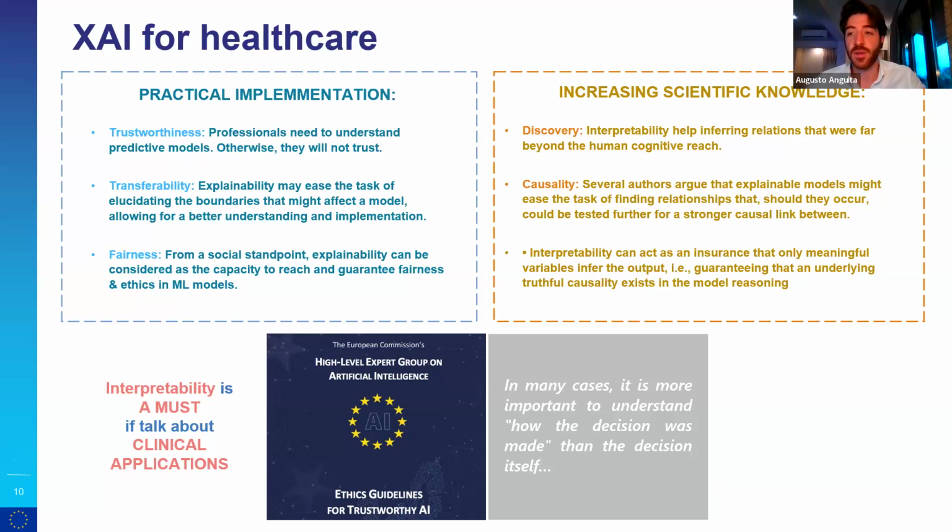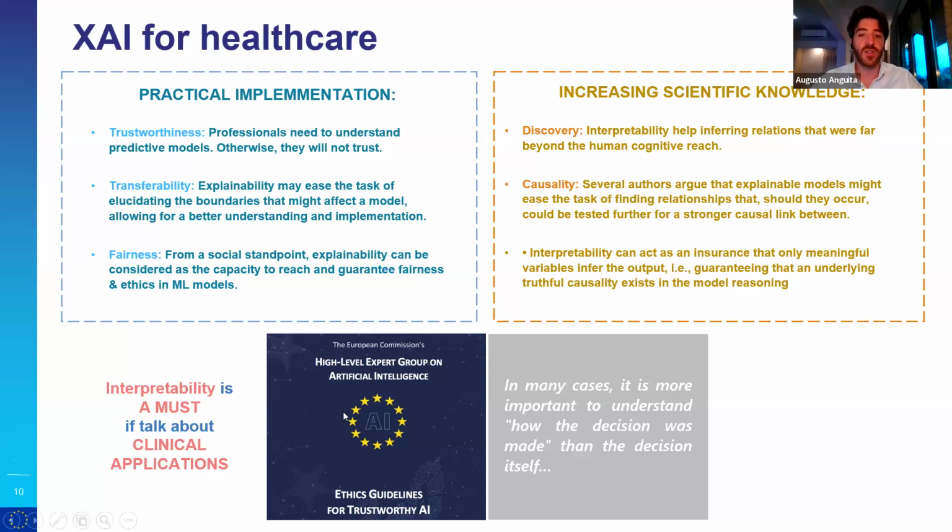And about fairness, of course, we talk about ethics, and we talk about making no distinctions among the population. For that, we need to know how the model works to guarantee that it is complying with these fairness and ethics criteria. And of course, if we want to generate new knowledge, we will need this kind of explanations.